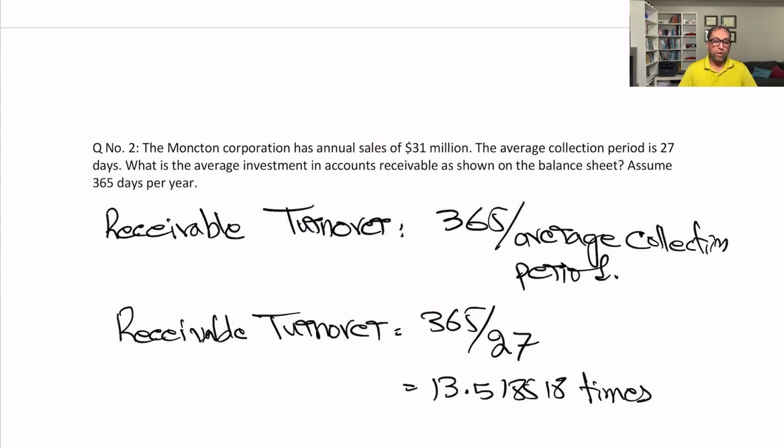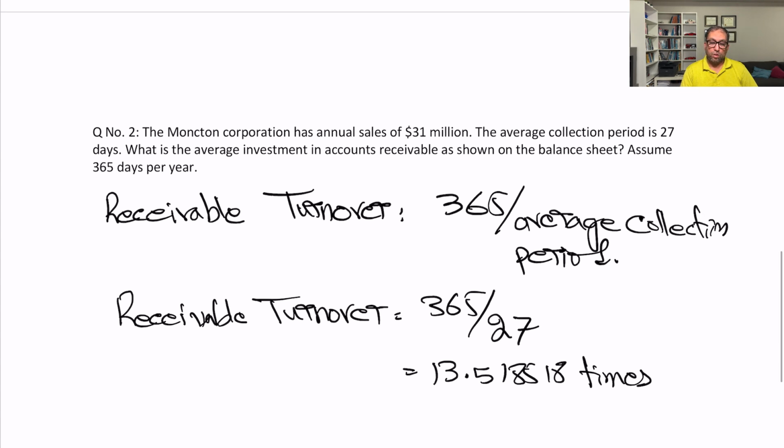Now, what is the average receivable? The question is asking what is the average investment in accounts receivable. So we found these receivable turnover times.